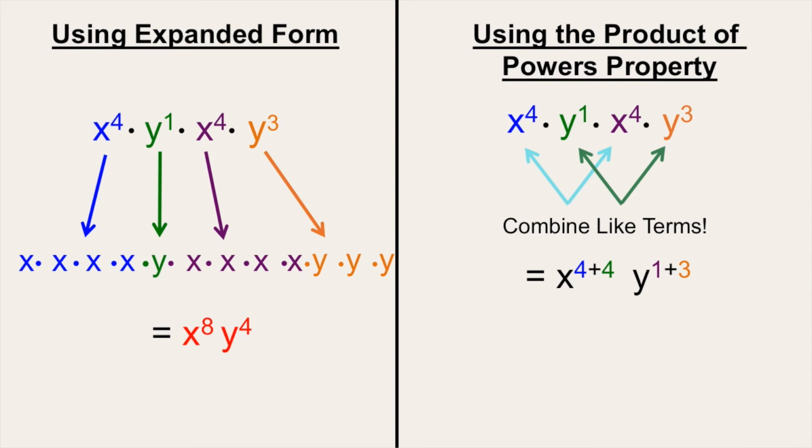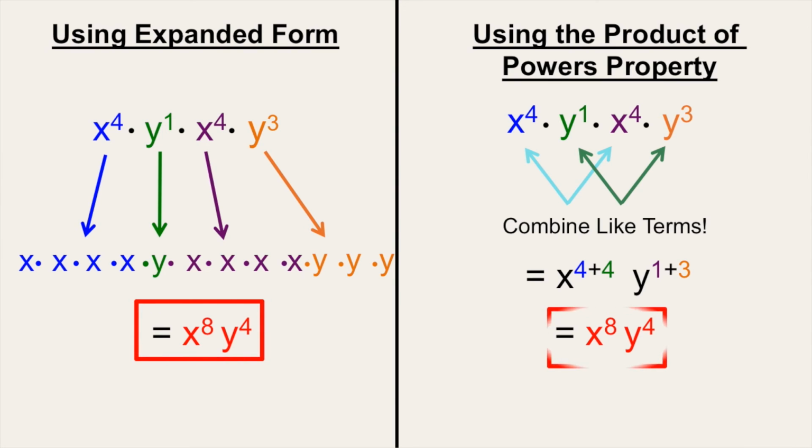Simplified, we get x to the 4 plus 4 and y to the 1 plus 3, which gives us a final answer of x to the 8th, y to the 4th. These answers cannot be simplified any further, and the exponents cannot be added because x and y are different bases. So this would be your simplified final answer.